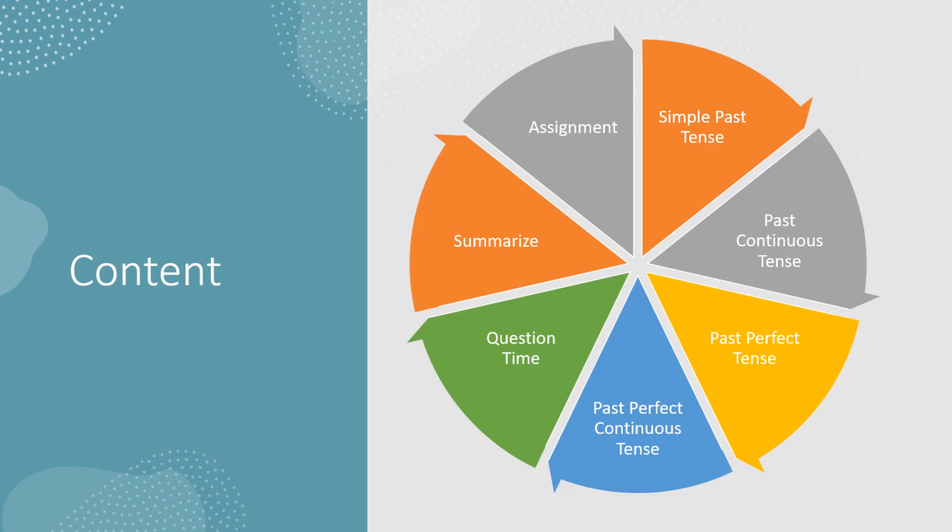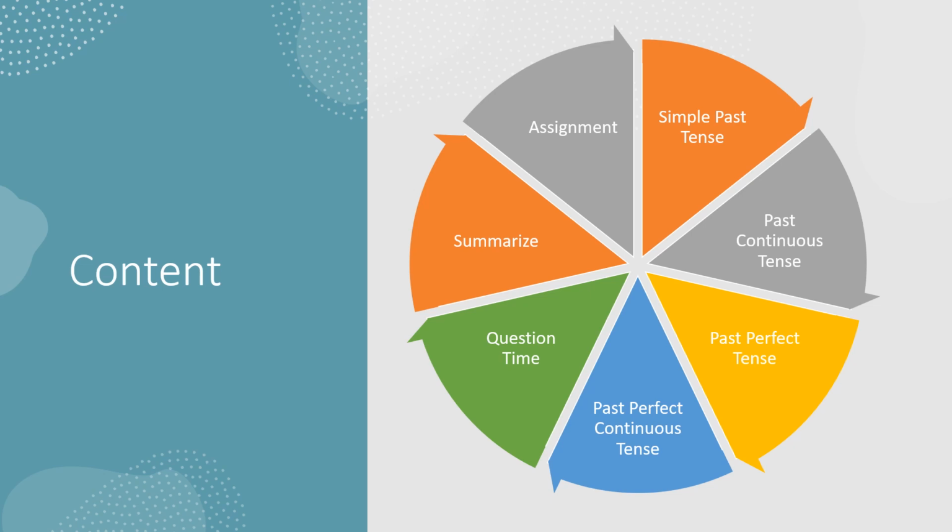Before we start off with today's session, let's look at what the agenda for today is. We will start off with a new chapter, the forms of past tense. Now there are 4 forms of past tense, which is simple past tense, past continuous tense, past perfect tense, and past perfect continuous tense.